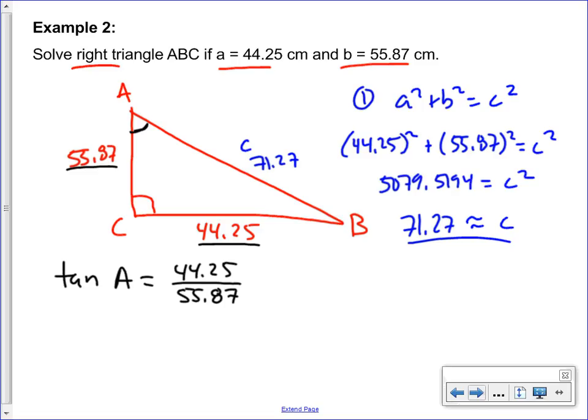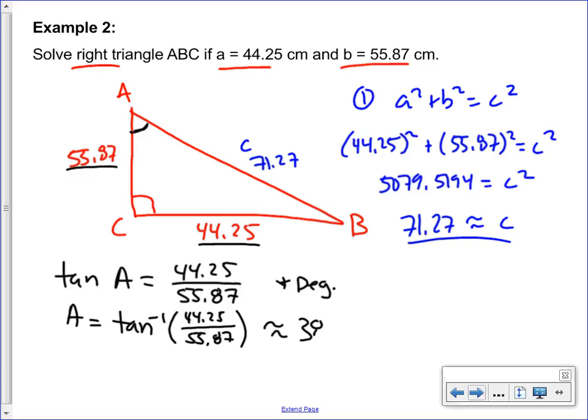Make sure your calculator is set in degrees, please. Otherwise, you're just going to get radian answers. So to solve for A, you just do the inverse tan of 44.25 divided by 55.87, which gives you about 38.69 degrees.